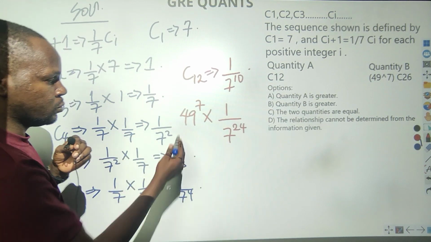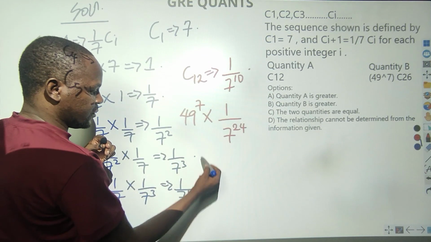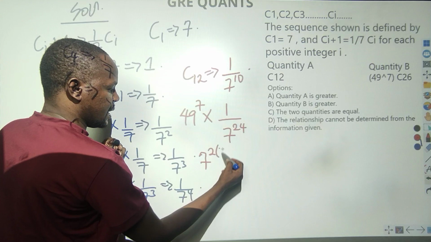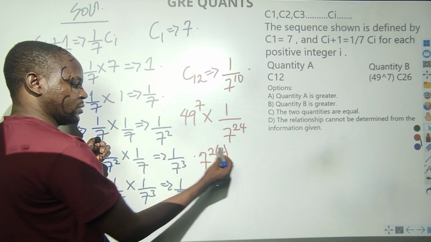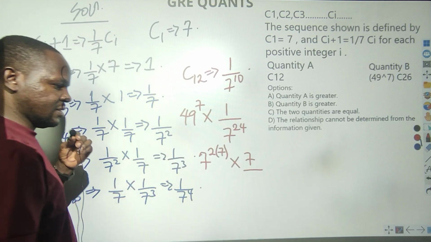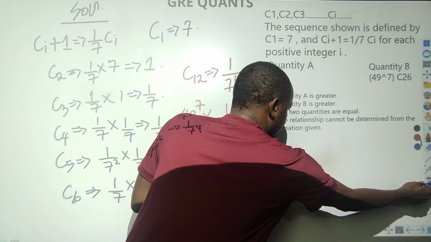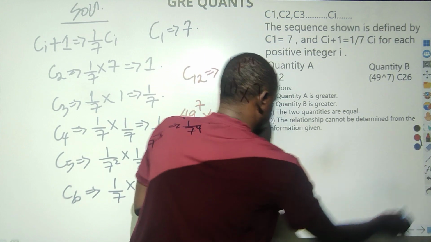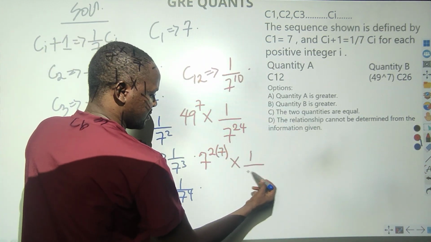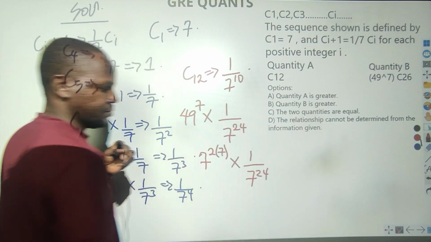So now, if we go with our indices rule, 49 is 7 raised to power 2, multiplied by another power. But sorry, that is times 1 over 7. Apologies. 1 over 7 raised to power 24.